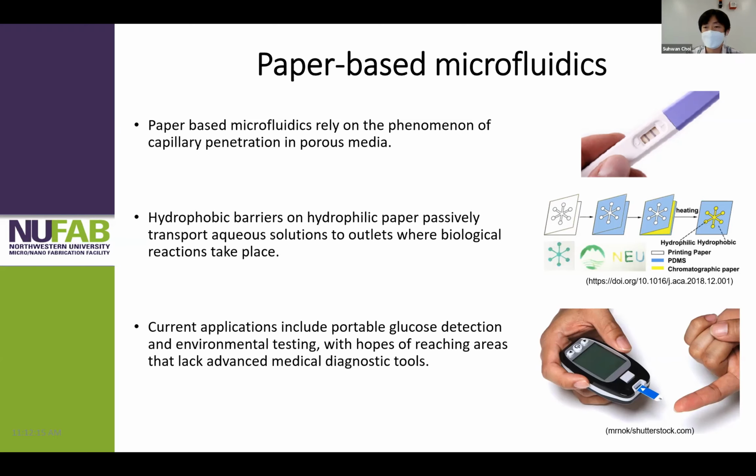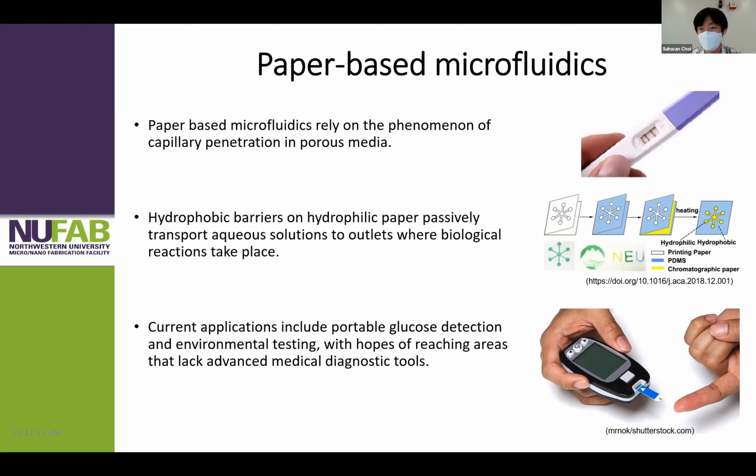As we can see here in the procedure, we have the paper, and the paper can be coated with a certain type of hydrophobic material. In this case, people use PDMS because PDMS is naturally hydrophobic. But there are a lot of different materials we can use as a hydrophobic layer, like Cytop, Fluoropel, or Teflon AF.